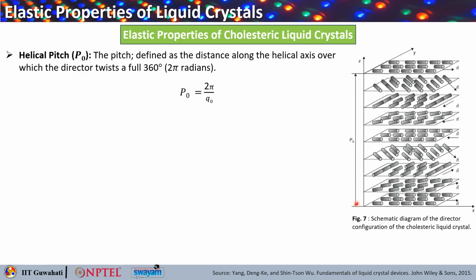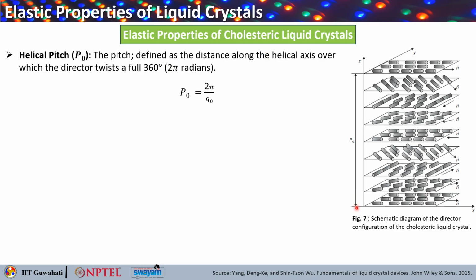Now, what you have obtained is another thing, the helical pitch. When it is getting moved like this, there is a length, or a distance along this helical axis, over which the director will get a full 360 degree twist, or you can say it is getting twisted by 2π radians.